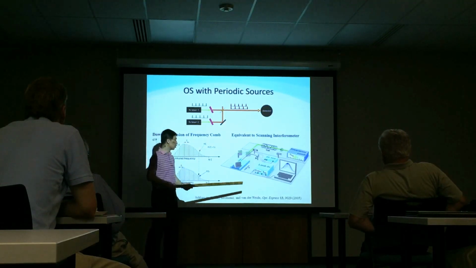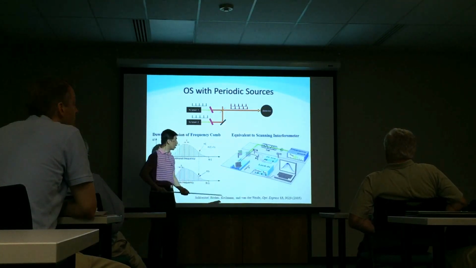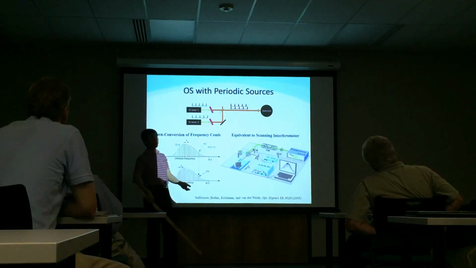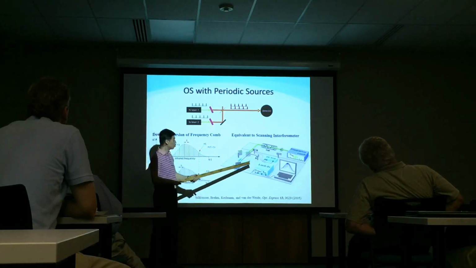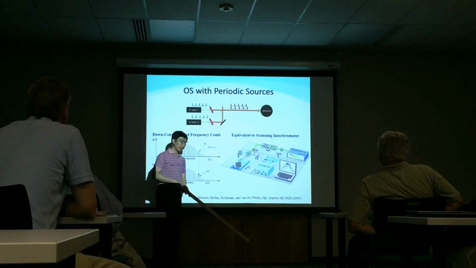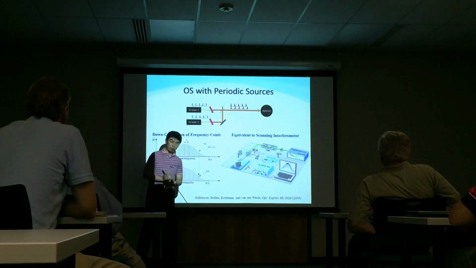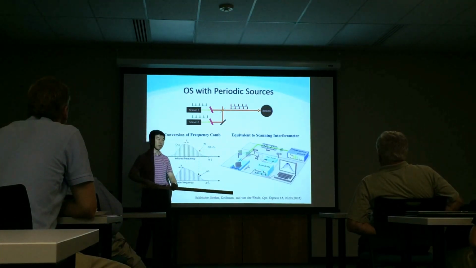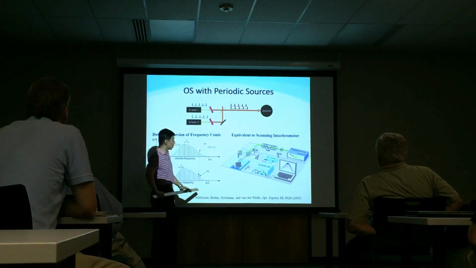It's just like creating a cross-correlation signal. And then you can do all kinds of analysis, like a Fourier transform of that cross-correlation, and you just get the spectrum.